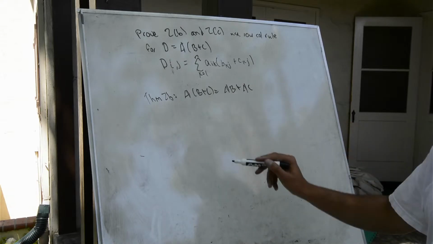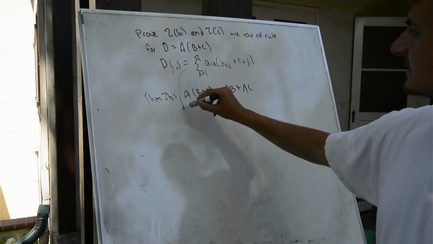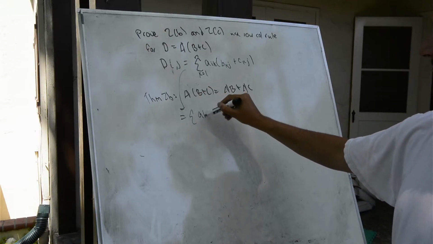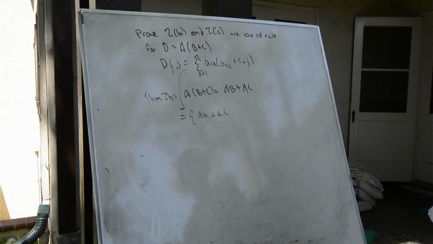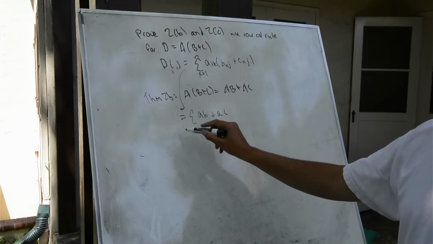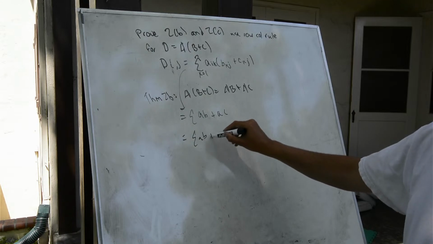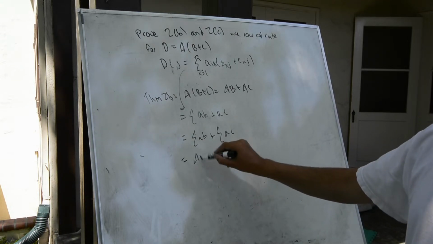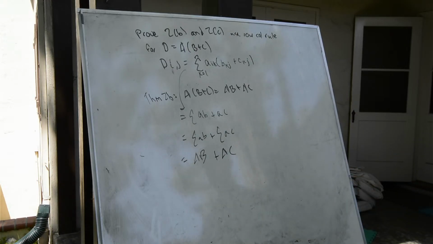So this is equal to the sum of AB plus AC with all the indices working out, which should be equal to the sum AB plus the sum AC, which is equal to AB plus AC. Okay, that's the proof of that one.